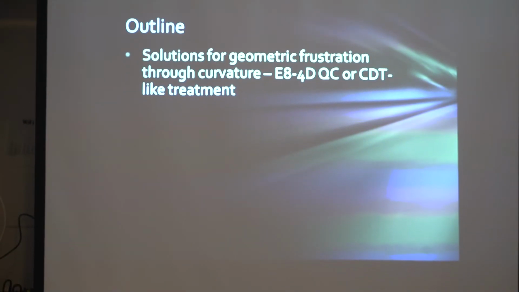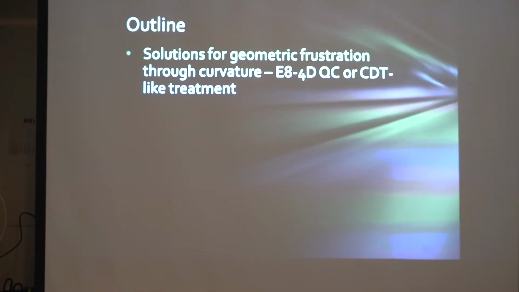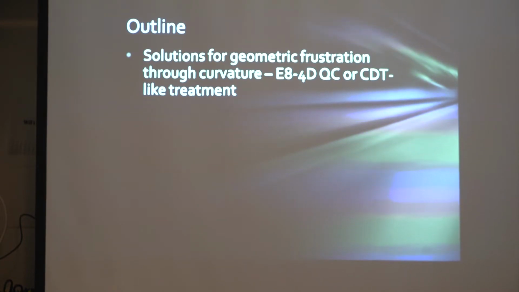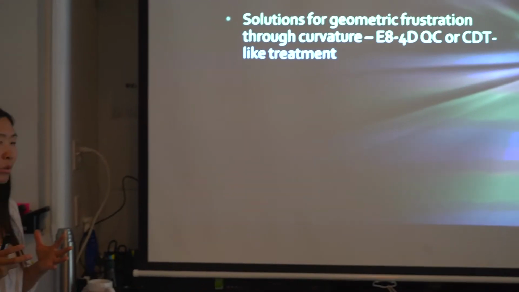So, solutions for geometric frustration through curvature. There are different ways of releasing the geometric frustration. Oh, sorry, I was thinking of adding a definition for geometric frustration, but I forgot. Geometric frustration is brought up in Sadoc's book, a whole book on geometric frustration.